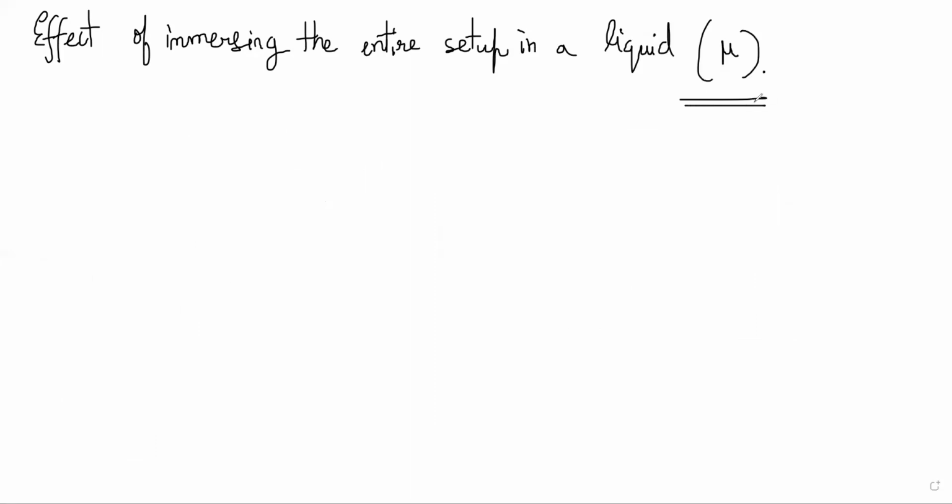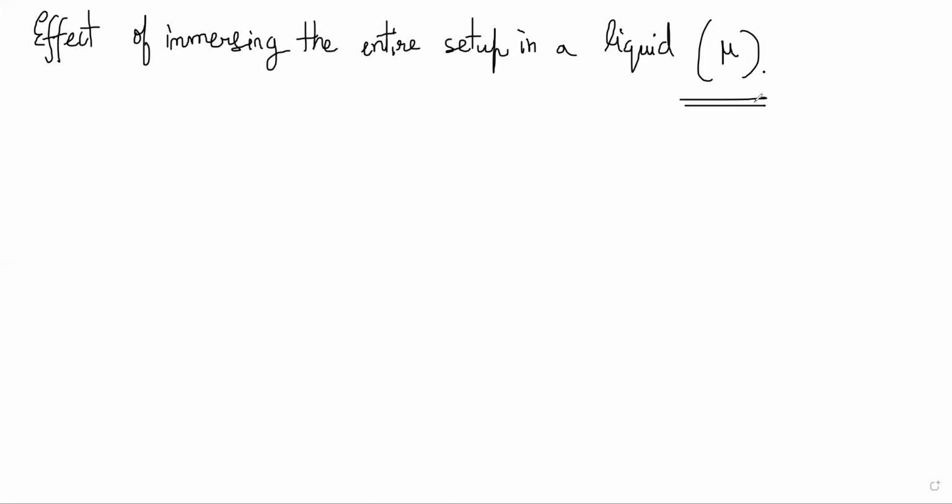Remember that if you immerse the whole thing in the liquid, then obviously there is no phase difference change, because both the slits are facing the same liquid. So nothing will change in terms of location of the central maxima. Central maxima will still be at the center point.